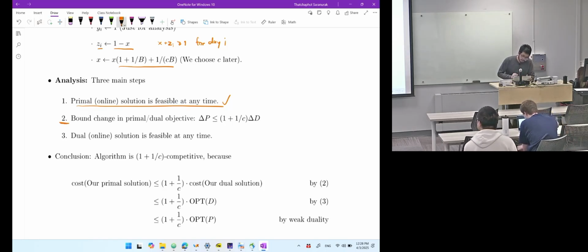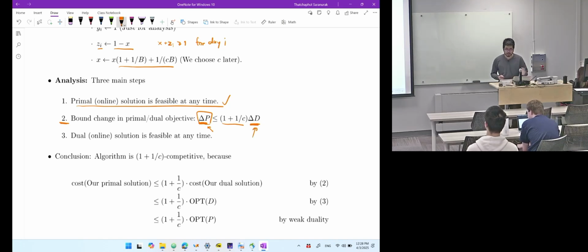Again, the second point here is that on every day, the total increase in the cost of primal is at most 1 plus 1 over c times the increase in the cost of dual. This is what I mean by the second point. And if we have all three, then I claim that our algorithm must be 1 plus 1 over c competitive.